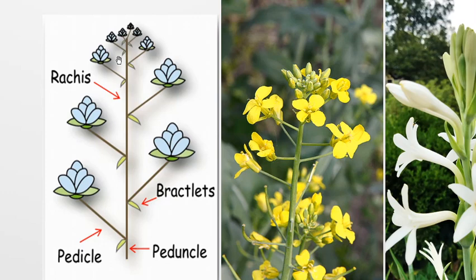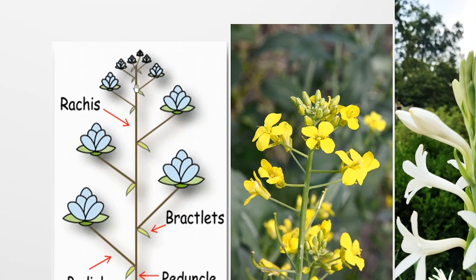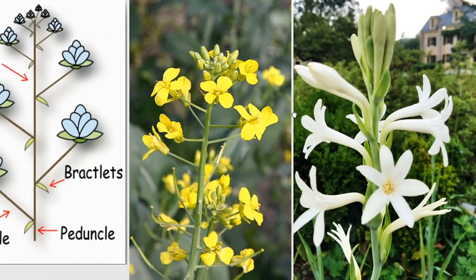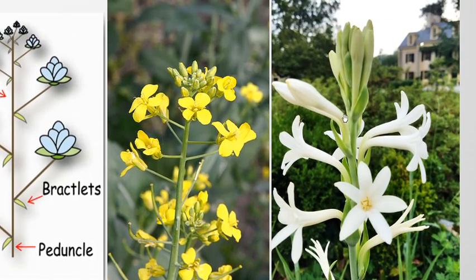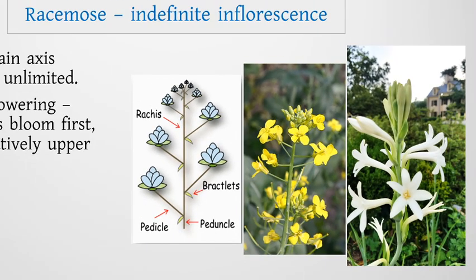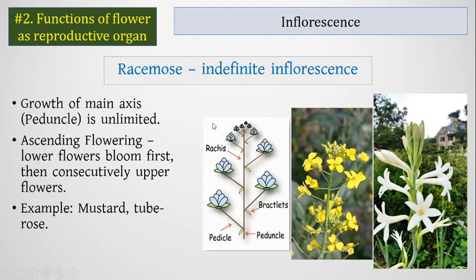We see that from the main axis sub branches are produced, but the main axis is not blocked. So the apical part is not blocked at all, so that the flower stalk can grow indefinitely. Also in the case of tuberose, the lower flowers bloom first, and the upper flowers then consecutively bloom one after another. So that is why these two types of flowers are called indefinite inflorescence pattern.